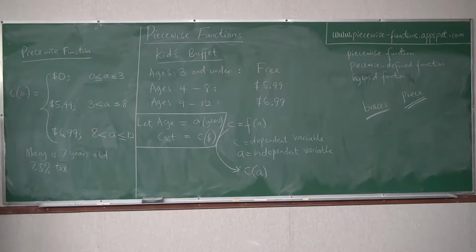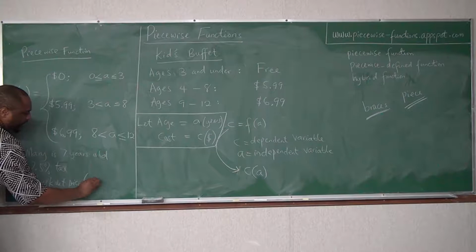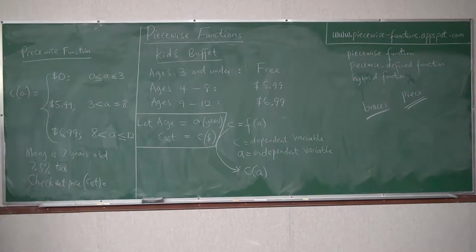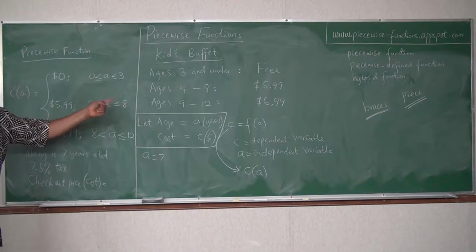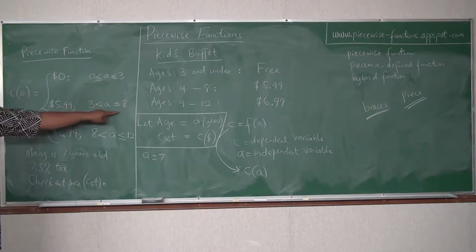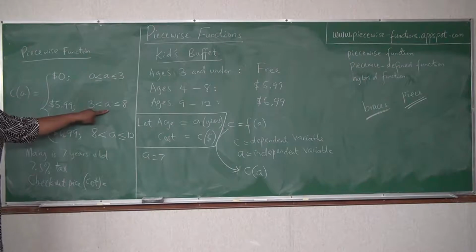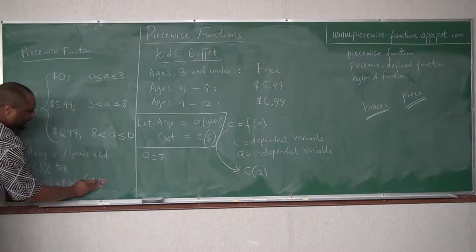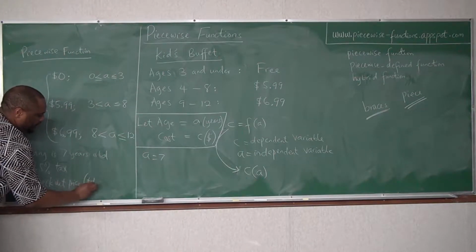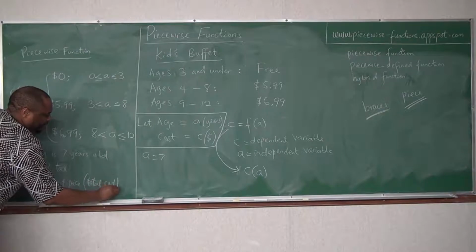What would be the checkout price? So in this case, A is 7. You look for the domain that has 7, and this interval has 7. Let's call this the total cost. That's the checkout price.